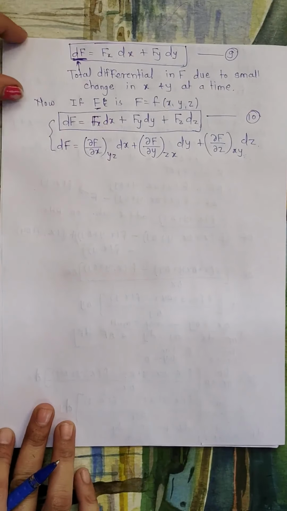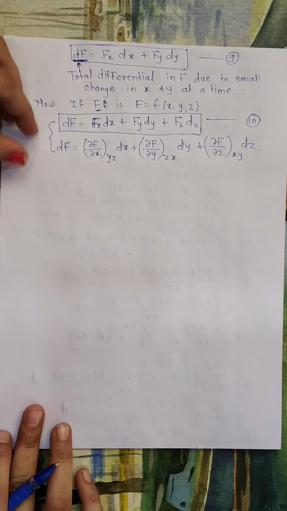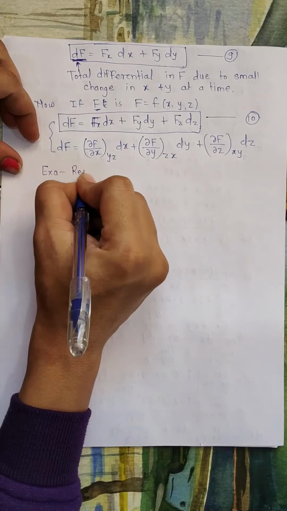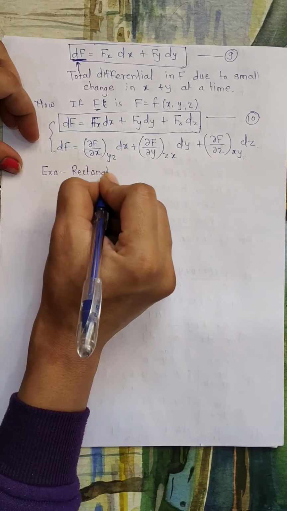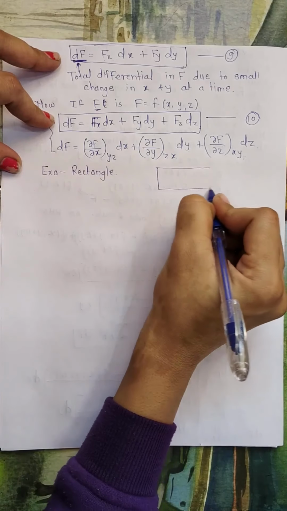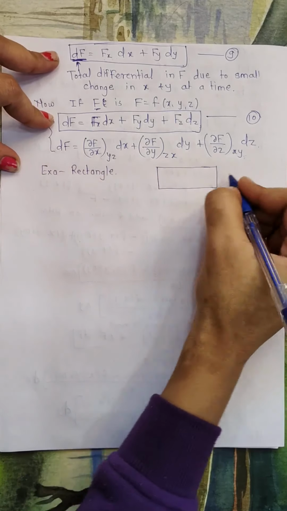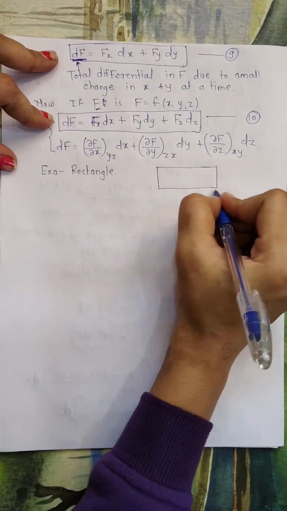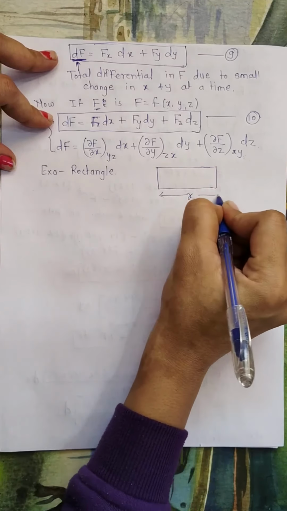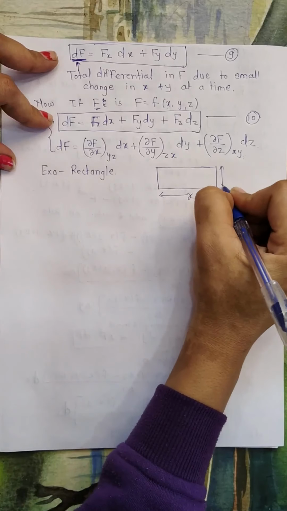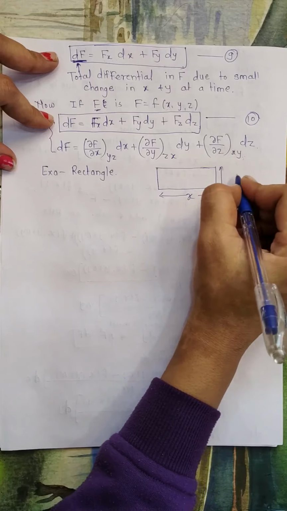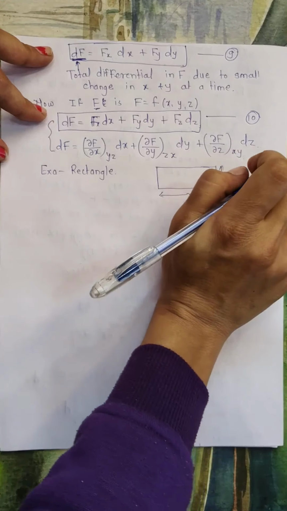So now we will consider a simple case, the example of a rectangle. In a rectangle there are 2 important variables. One is the length, suppose I denote it by x, and the breadth, that is the height or breadth of the rectangle, is given by y.